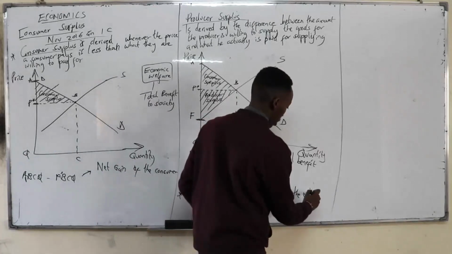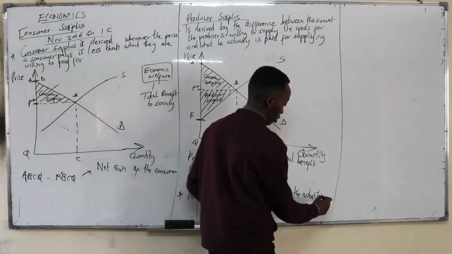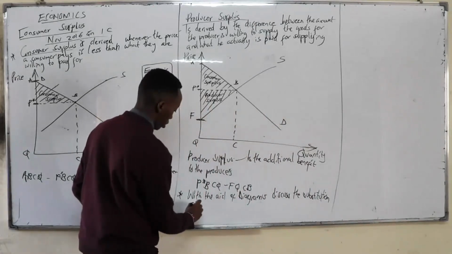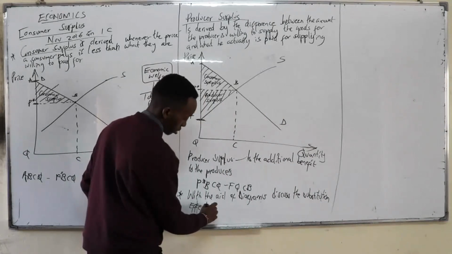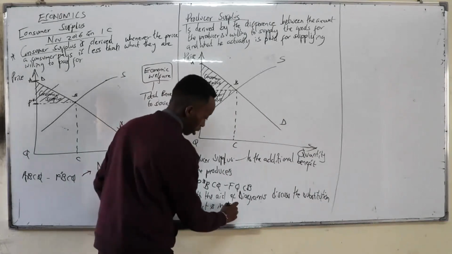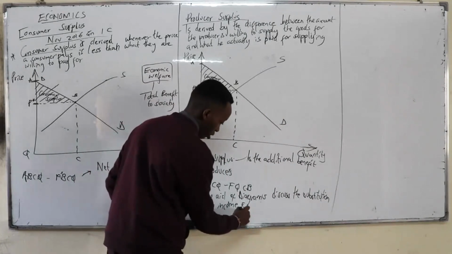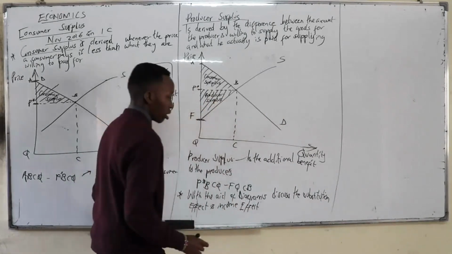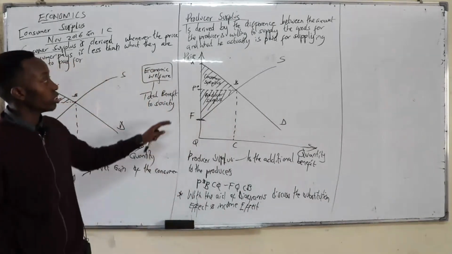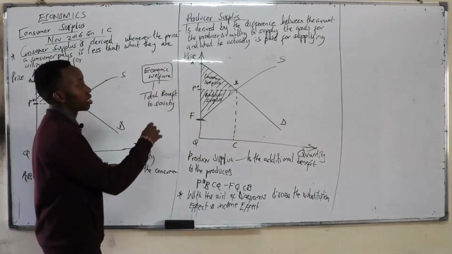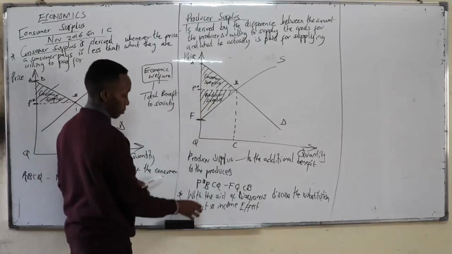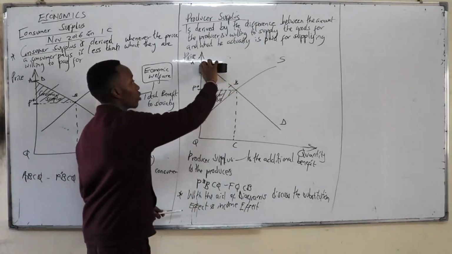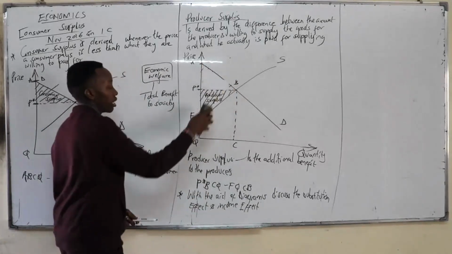This is what we covered last time, but I'll still go through it even in our blocks. I would like you to try that. So the producer surplus, now that we have this diagram, is just that area that you're saying. The economic welfare is the total of both ends.